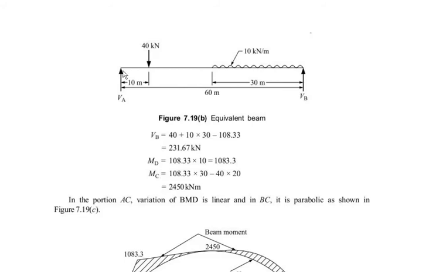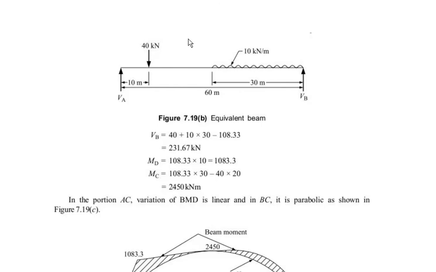Next, we can take either the moment about A is equal to 0 or the moment about B is equal to 0 as usual. So let's take the moment about B is equal to 0, then the equation will be VA into 60 minus 40 into 50, because this distance from this 40 and point B is 50.